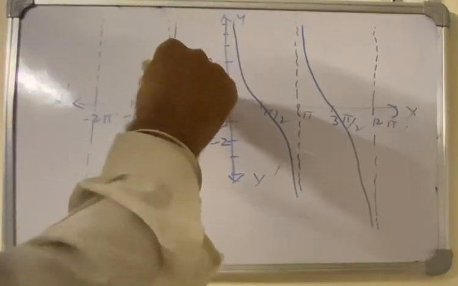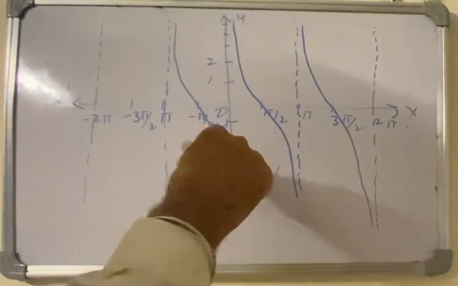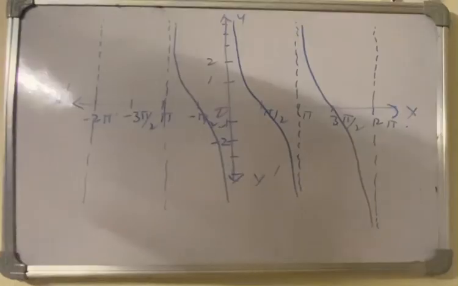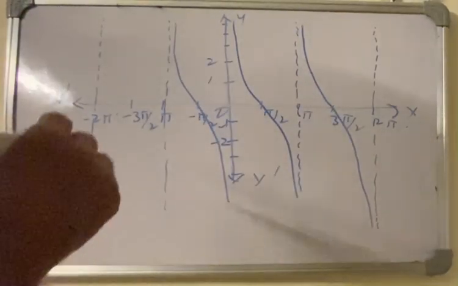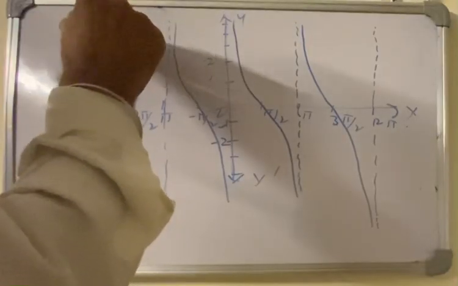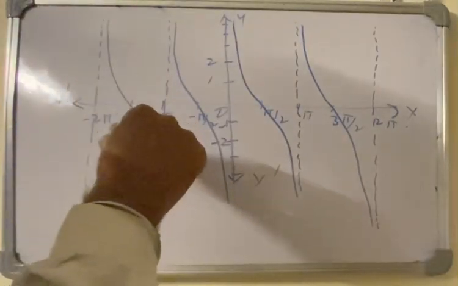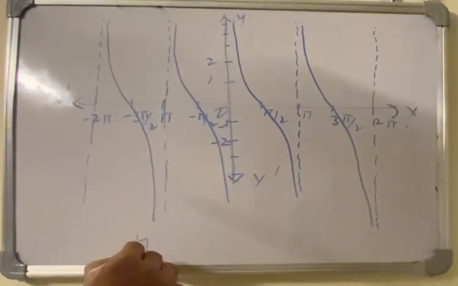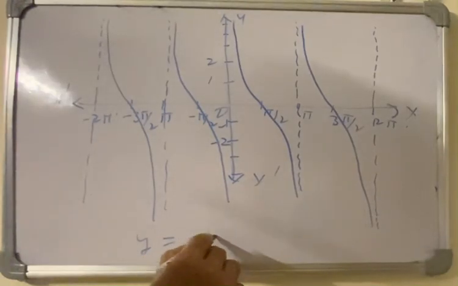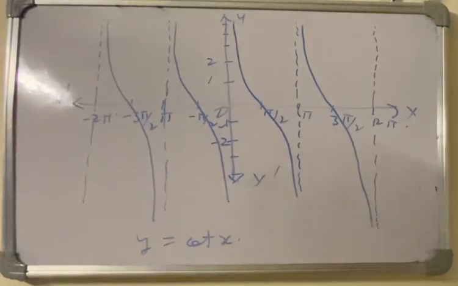So its graph will go in this way. Similarly, at minus 3 pi by 2 cot is 0. Its graph will go in this way. So this is the graph of y is equal to cot x.